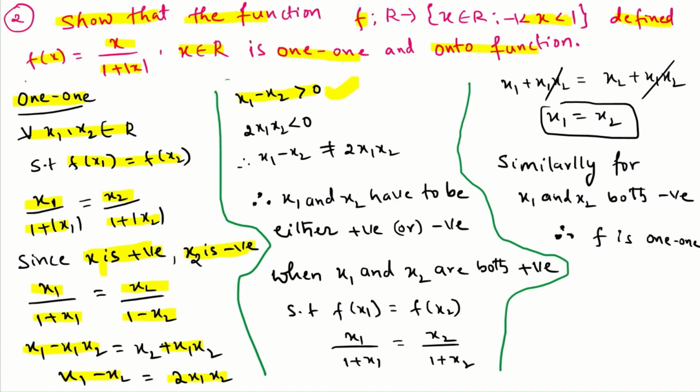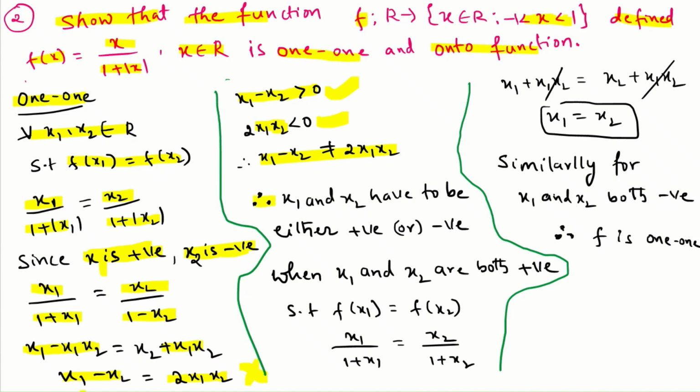If you multiply one positive and one negative, you will get a negative, less than 0. So x1 minus x2 equal to 2 x1 x2 is not possible at all. Therefore, the rule is not satisfied in this case, so we can't find whether it is one-one in this case or not.